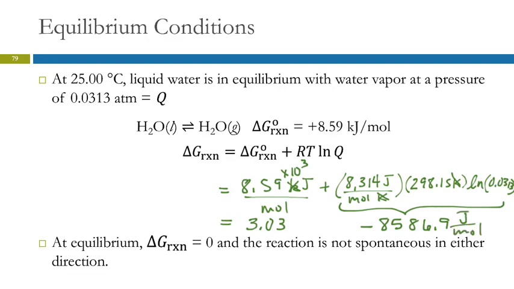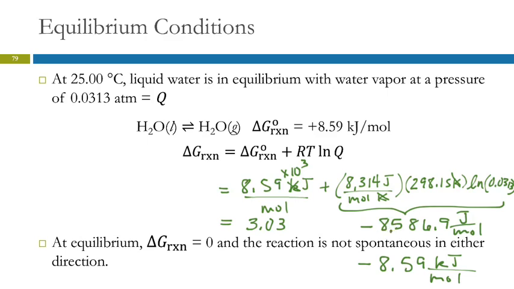If we convert that to kilojoules, that would be negative 8.59 kilojoules per mole. When I came up with 3 here, that's a very small difference between these large numbers.